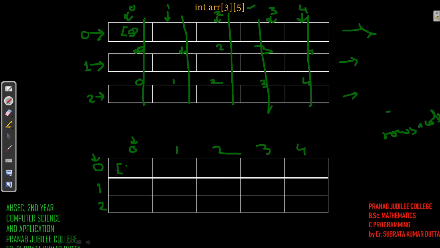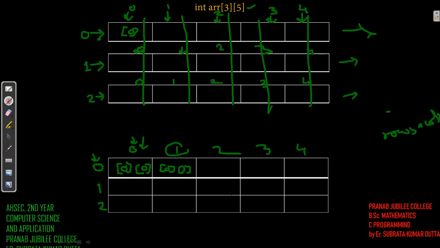So which row is it in? It is in row 0, so 0, and after that the column. In which column is it? Column 0, right? Similarly, next, this block is in row 0, and in which column? Column 1, right?